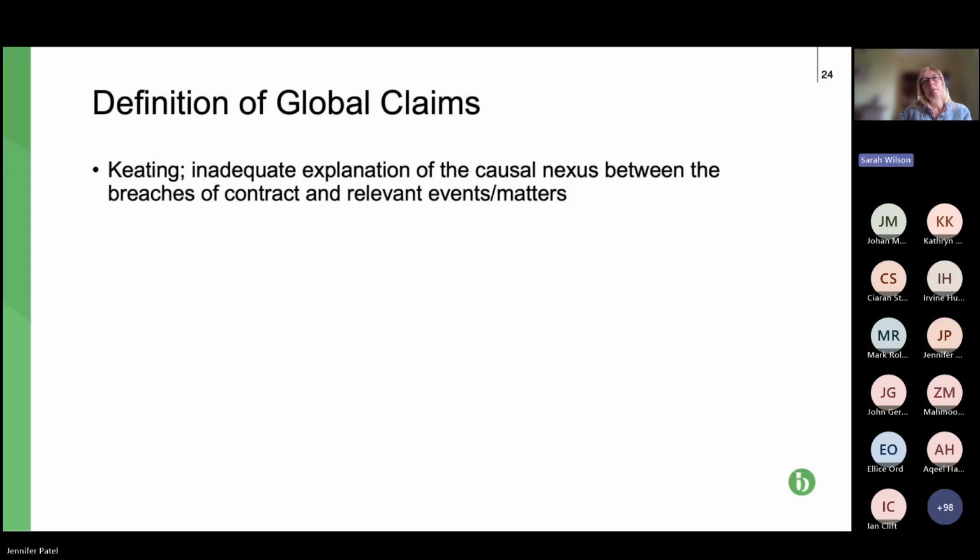So yeah, Keating, which is basically the key textbook on construction law, defines global claims as where you have an inadequate explanation of the causal nexus between the breaches of contract and the relevant events or matters.